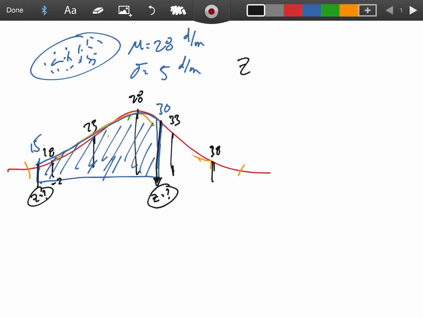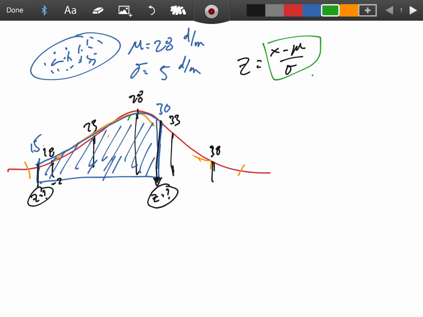But to calculate it exactly, z equals x minus the mean divided by the standard deviation, or if we were dealing with a sample, it'd be x minus x bar over s. It's essentially the same thing, but since we don't have a sample and we're dealing with actual population values, we're going to use this one.